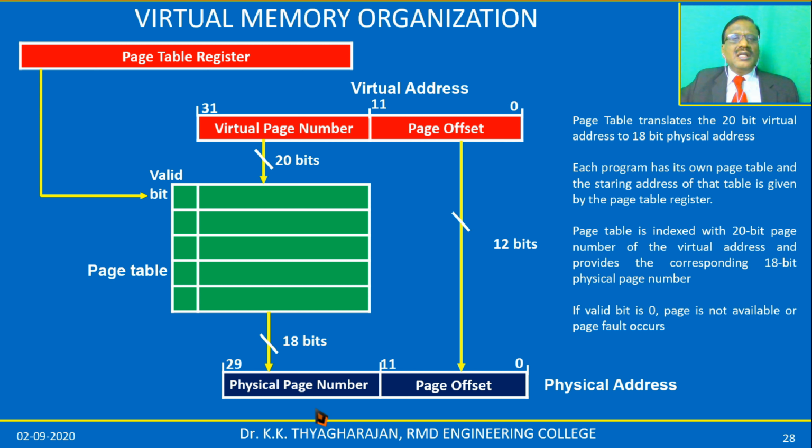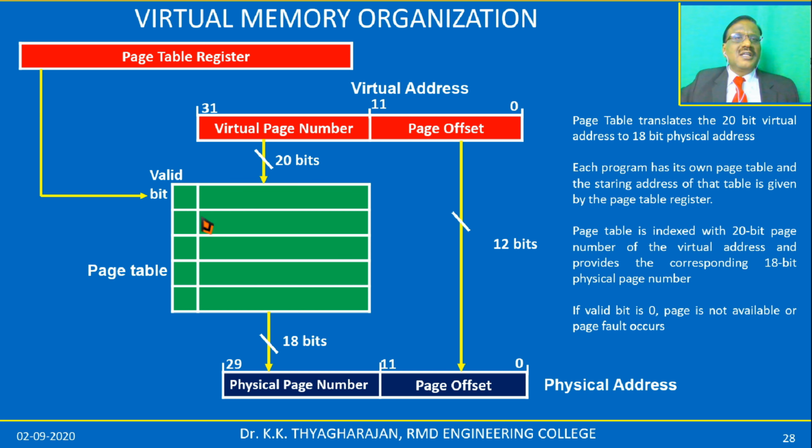But the physical memory will have only 18 bits for page number. So what we are doing is we are using a page table. This table will translate the 20-bit virtual page number to the 18-bit physical page number. And different programs will use different page tables. So we have to provide the starting address of the page table for a particular program.